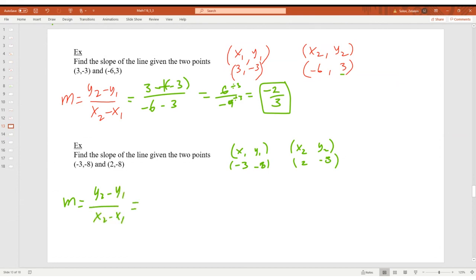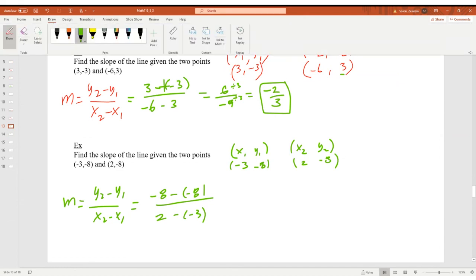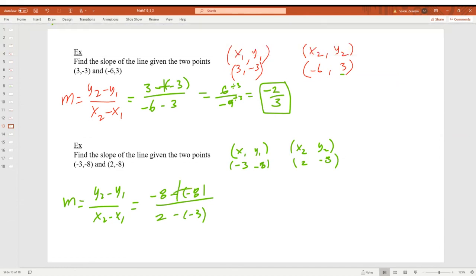So y2 is -8 minus y1, which is -8, over x2, which is 2, minus -3. 2 minus negative. Minus minus plus. So minus minus becomes plus here, as well as here. So this -8 plus 8 is 0. 2 plus 3 is 5. So 0 over 5 is 0.